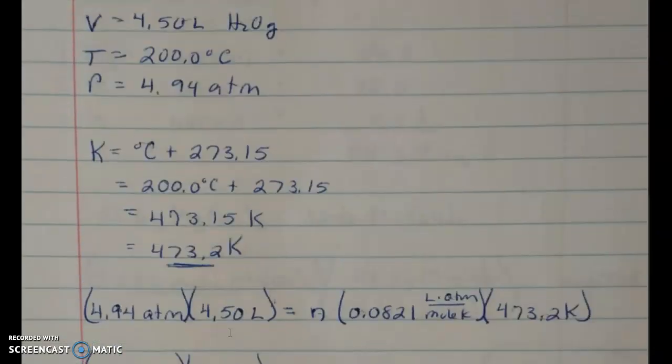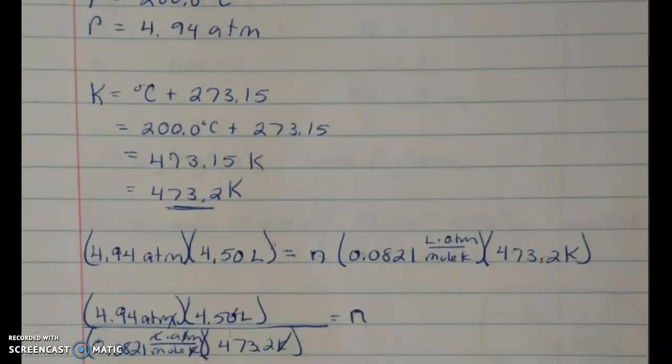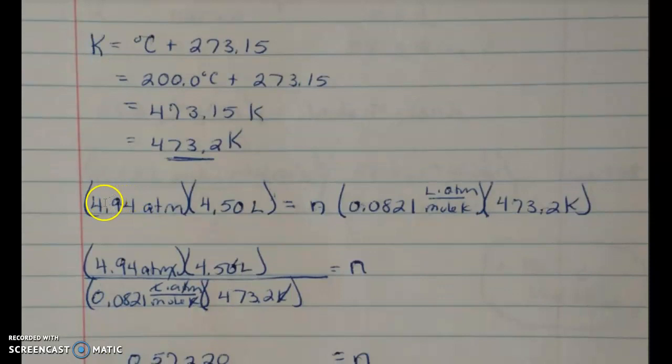And so we take our ideal gas law, and we put in our pressure is 4.94 atmospheres, PV, our volume, 4.50 liters, and we're going to set that equal to the number of moles times R, 0.0821 liters times atmospheres divided by the quantity mole times Kelvin, times 473.2 Kelvin.